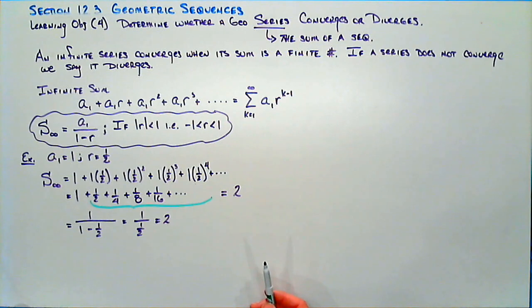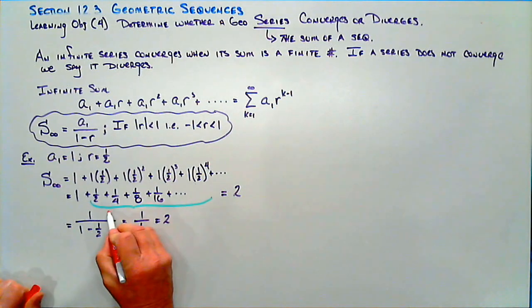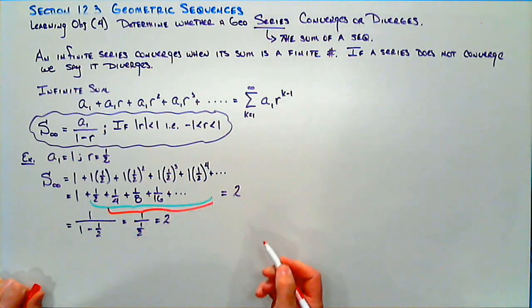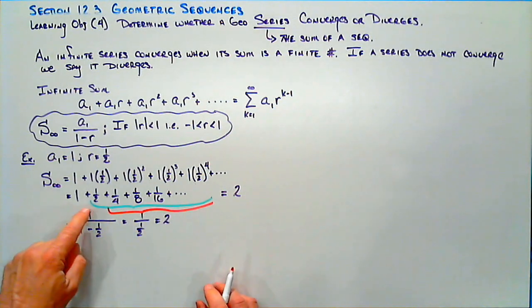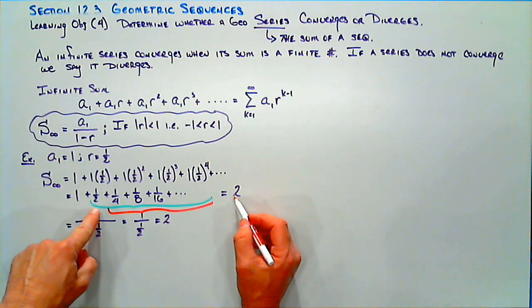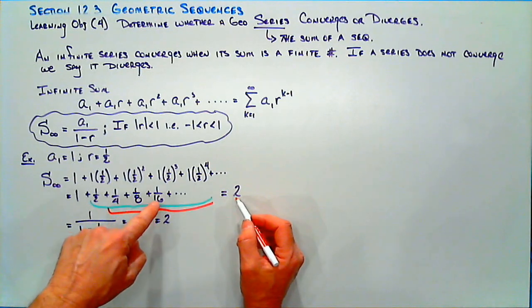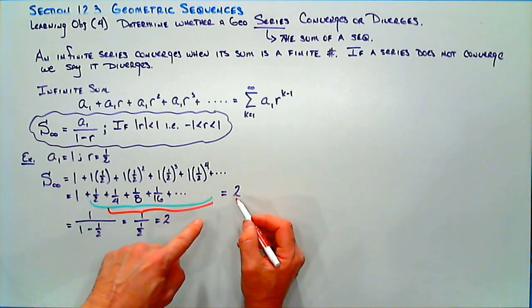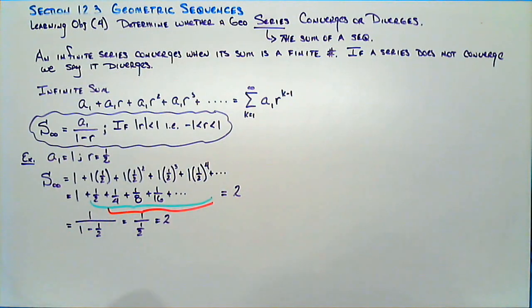And we can keep playing this game, can't we? We could say, well, what do these numbers right here add up to? Well, we've taken away 1, we've taken away a half from 2. We only have a half left. So a 4th plus an 8th plus a 16th plus a 32nd plus a 64th, that only adds up to a half. This is, like I said, where math starts to get interesting.